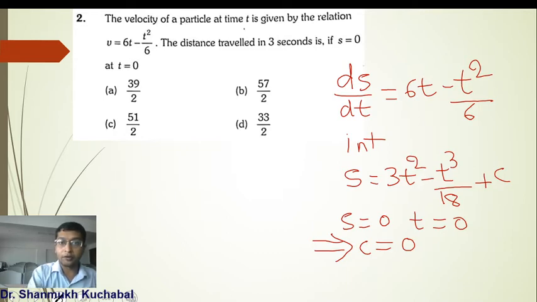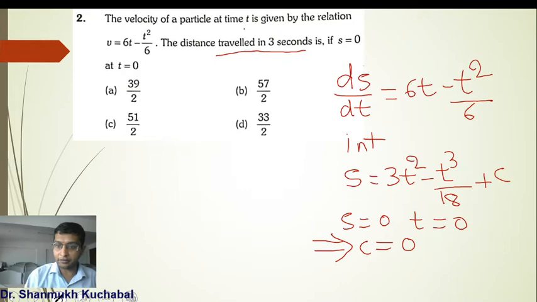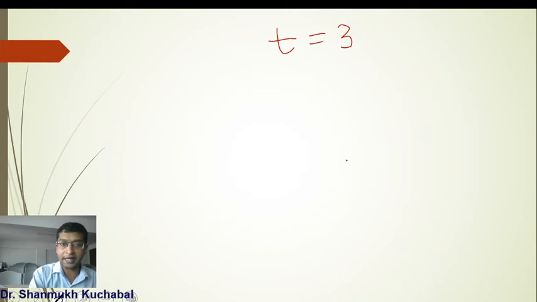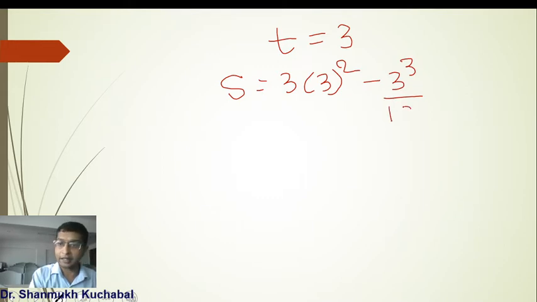Now we have to find the distance traveled in 3 seconds, so I am going to take t equals 3 in this equation. Substituting the value of t, we get s equals 3 into 3 square minus 3 cube divided by 18.